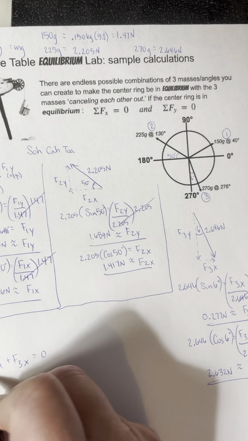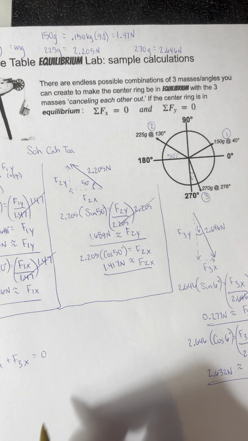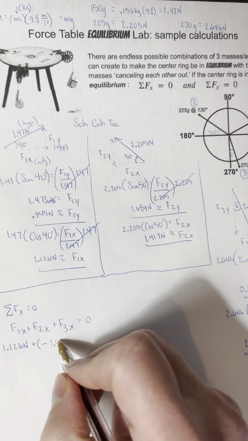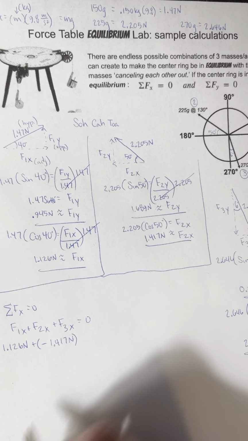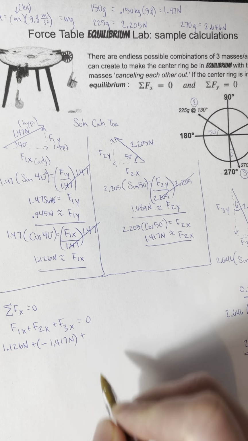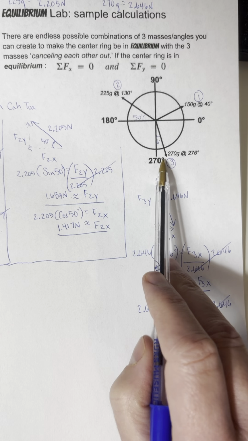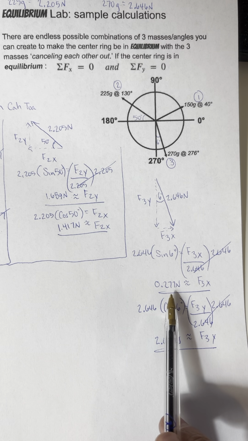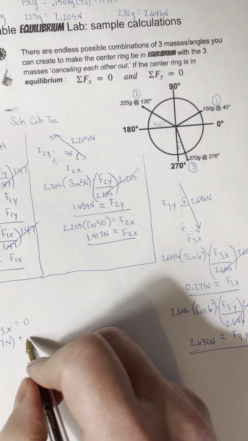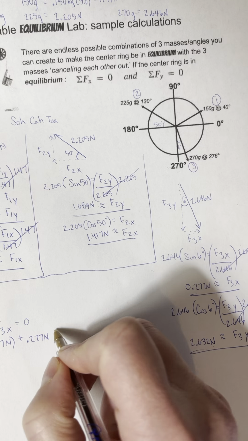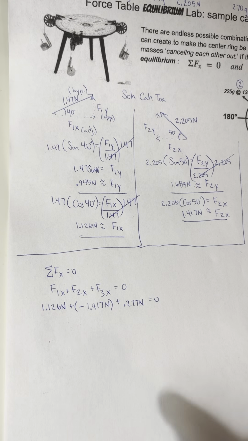So it's going to be plus negative 1.417 newtons. And then finally, force 3 in the x direction. Well, force 3 is to the right, so that x component, small as it is, is going to be to the right, plus 0.277 newtons. So these should equal 0.